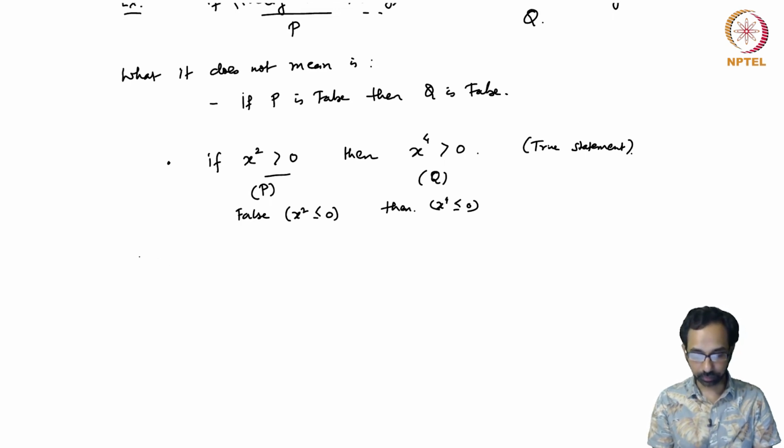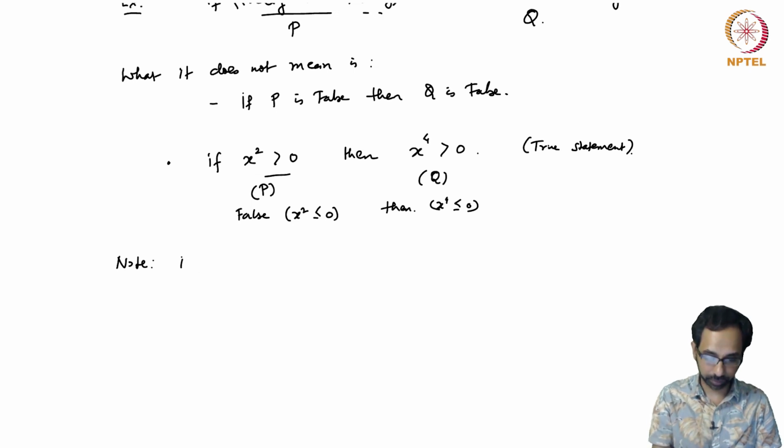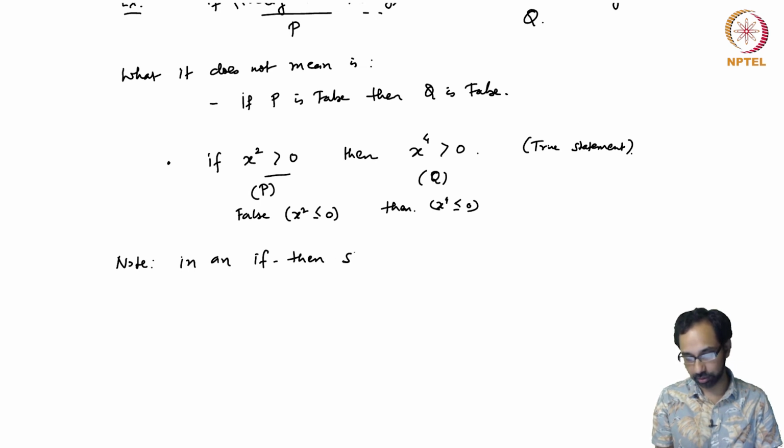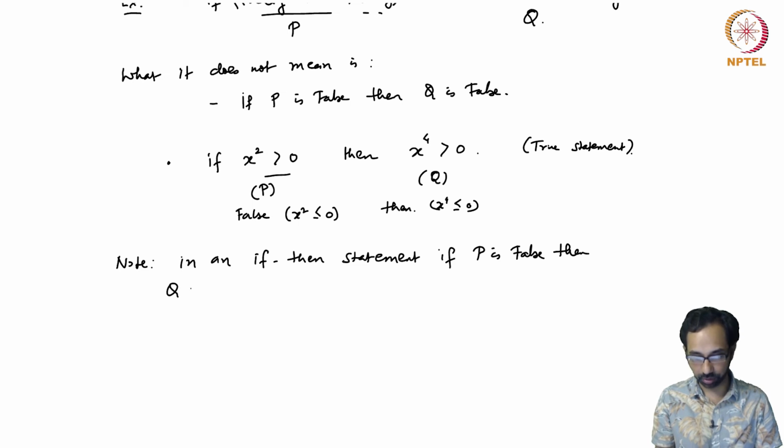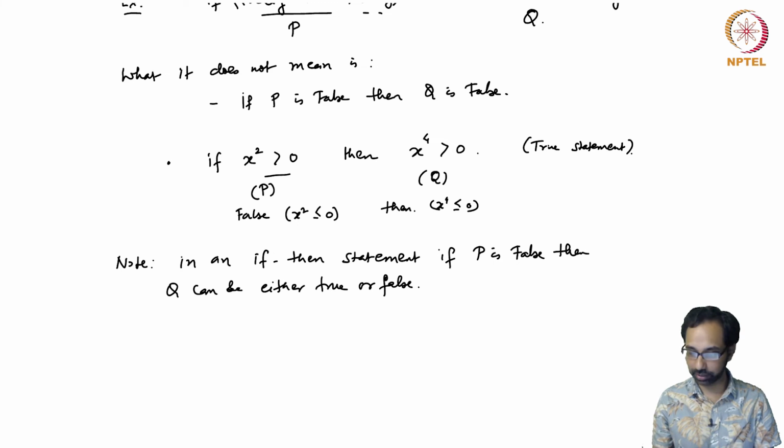So just a note that in an if-then statement, if P is false, then Q can be either true or false.